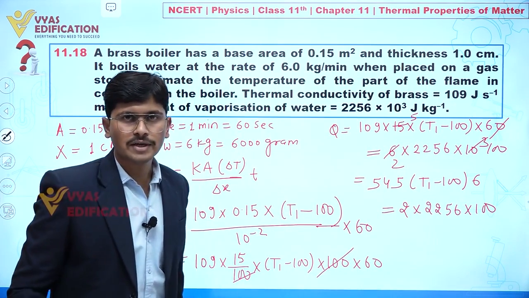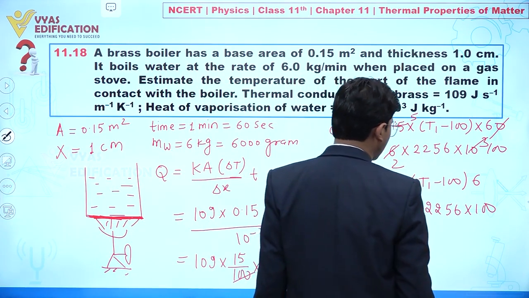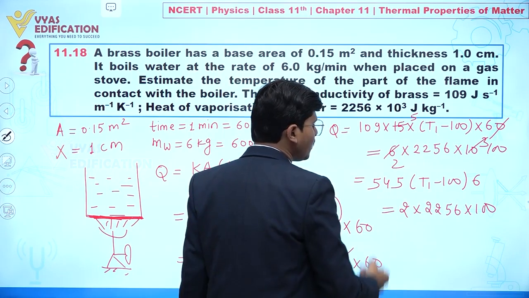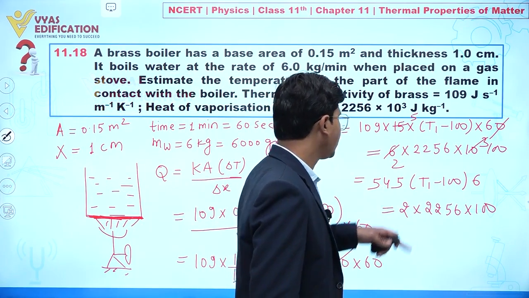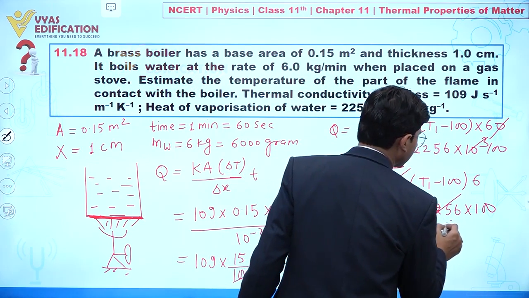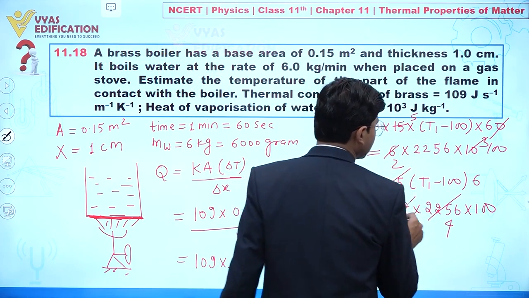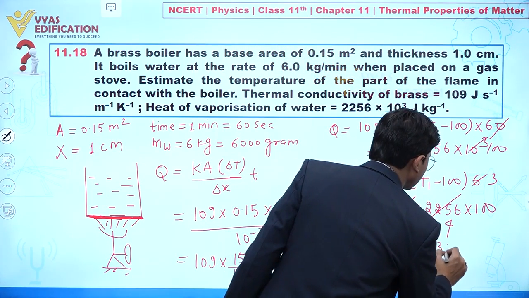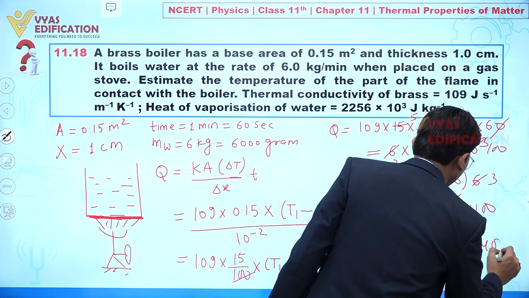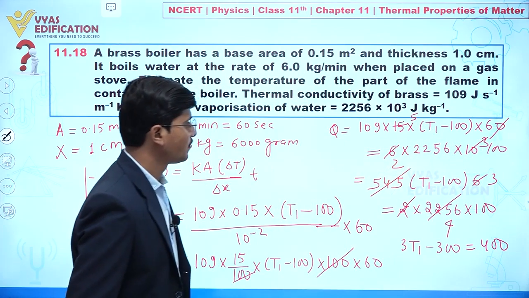Now if you solve it, you can say this is 45, if you multiply it with 4, this is 180, and near about, I am saying this is 4, clear. We can say this value we have 3, so from here you can say 3T1 minus 300, this should be equal to 400, yes or no, clear.